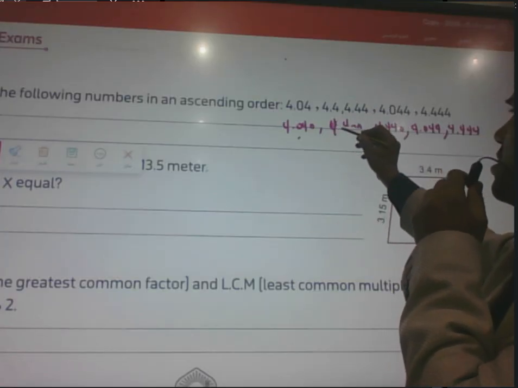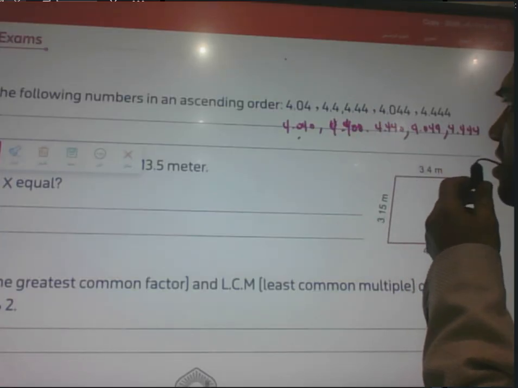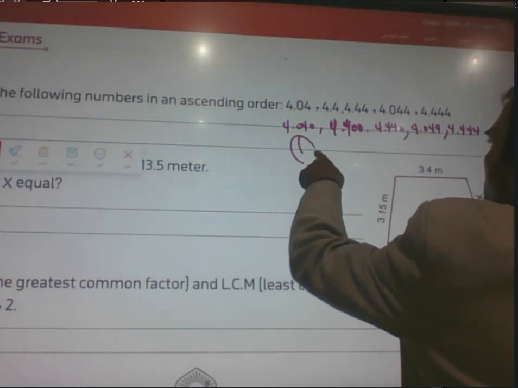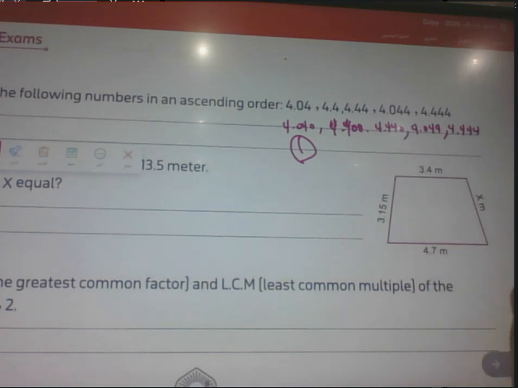Pay attention, we have 4.400 as the last one. This is number 1, number 2, number 3, and number 4. He wants ascending order from smallest to greatest.